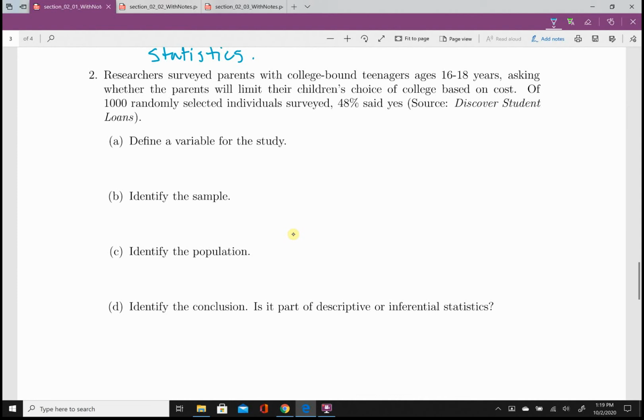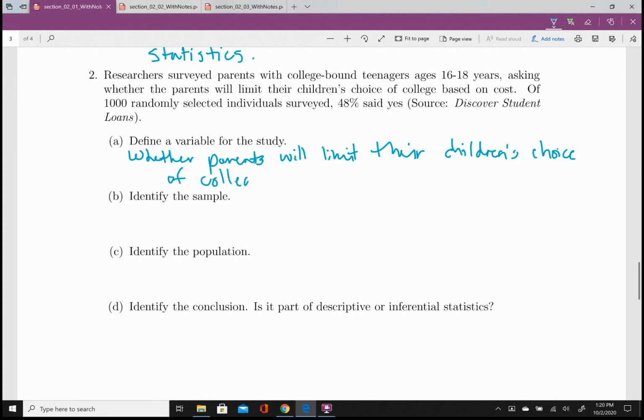Asking whether parents will limit their children's choice of college based on cost. Kind of a mouthful here.